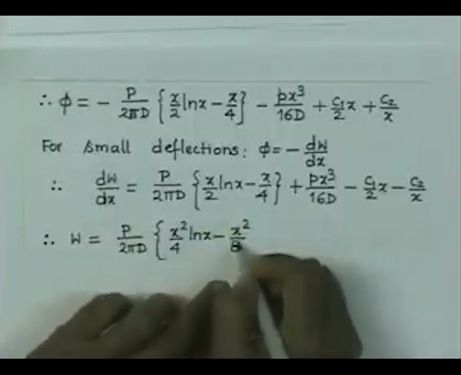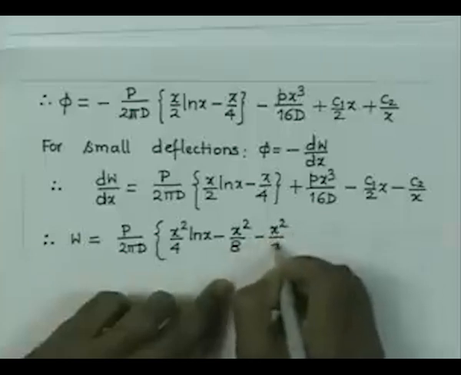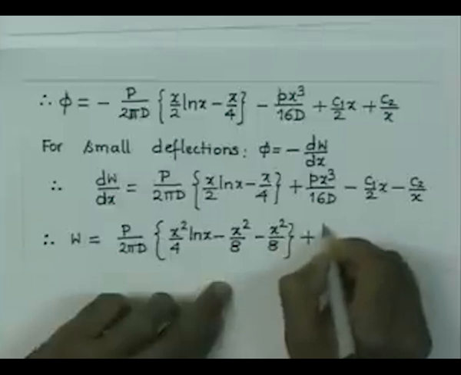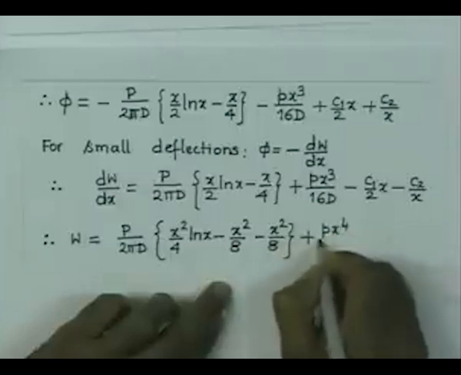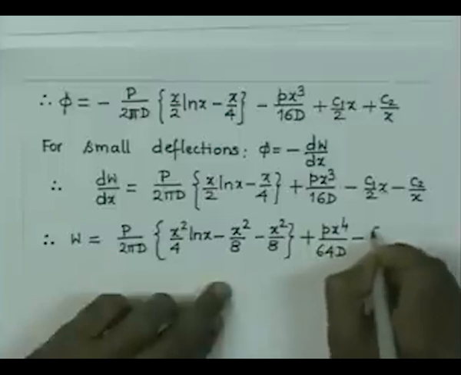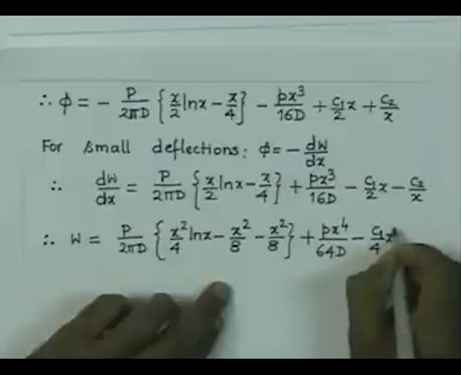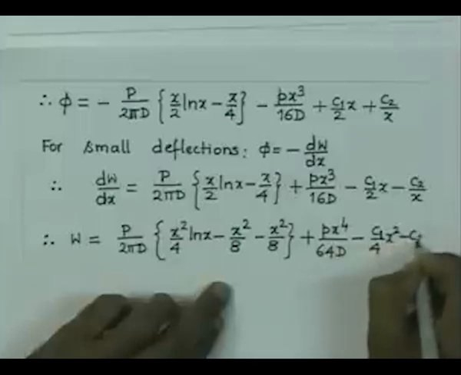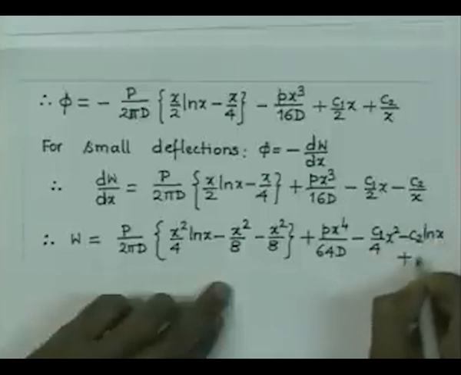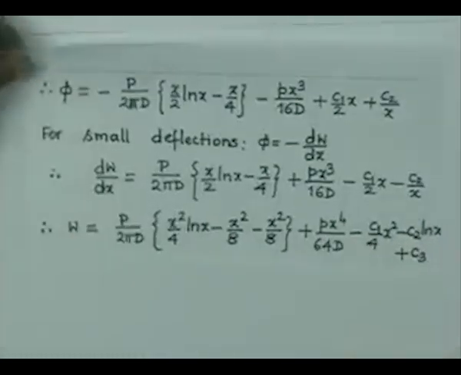From this we get this one, and this one will give us x square by 8. This will give us P x4 by 64 D minus C1 by 4 x square minus C2 ln x plus C3, wherein again C3 is a constant of integration.